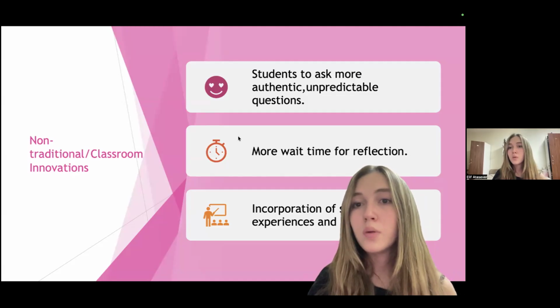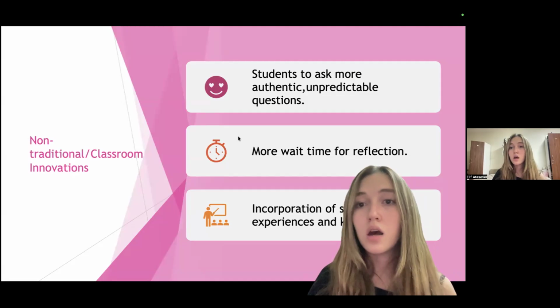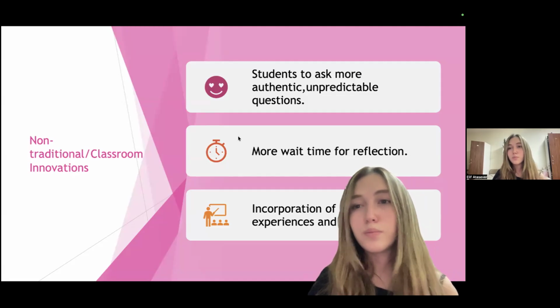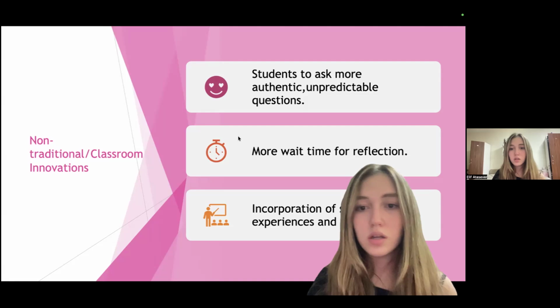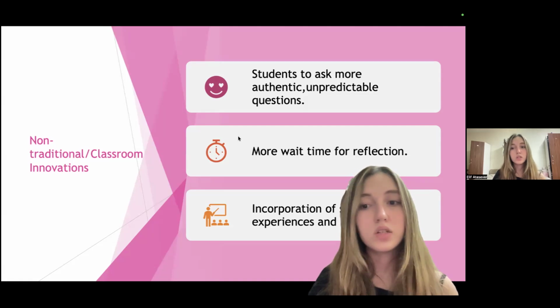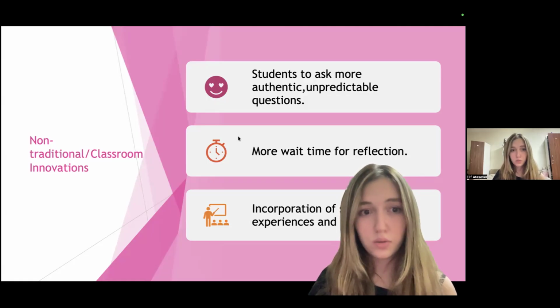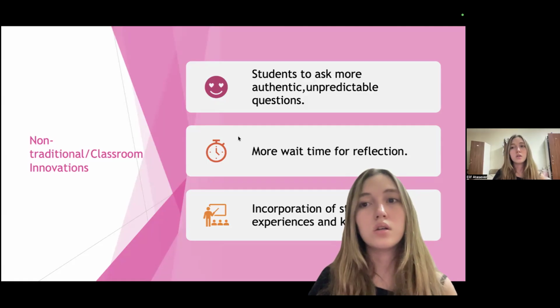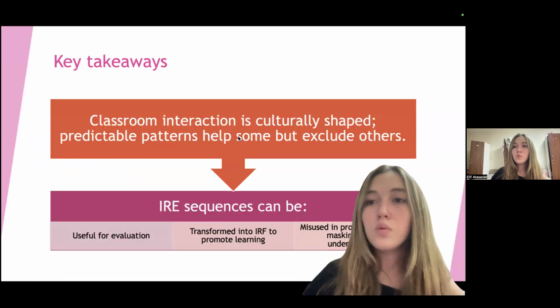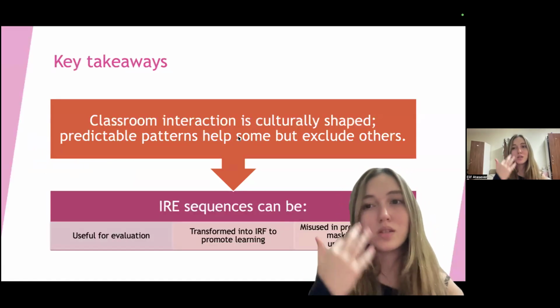So it can help students to ask more authentic and unpredictable questions, and it can increase some more wait time for reflection, and it can help with incorporation of students' experiences and knowledge. So I think we need to know the traditional ways of teaching as well as the non-traditional ways of teaching in a classroom.